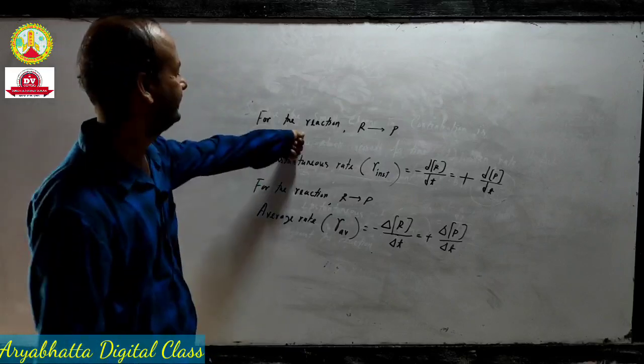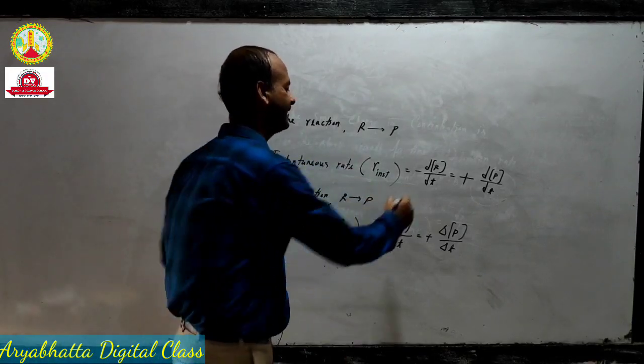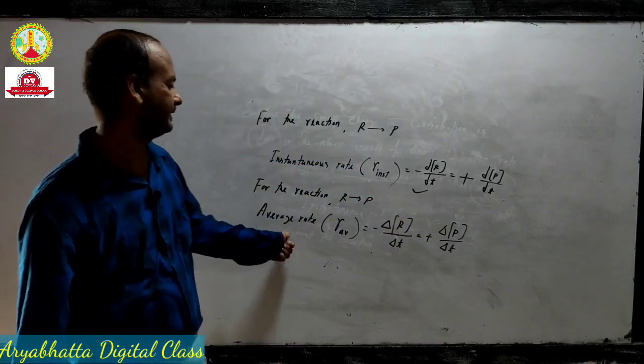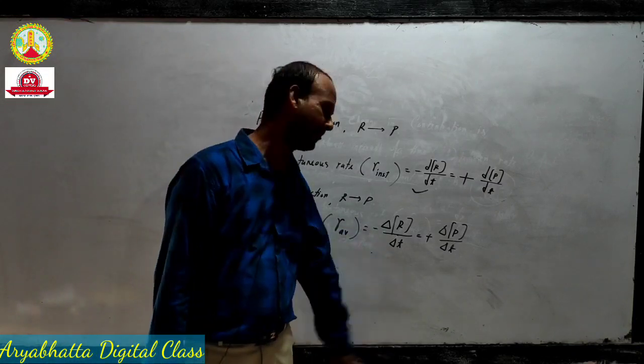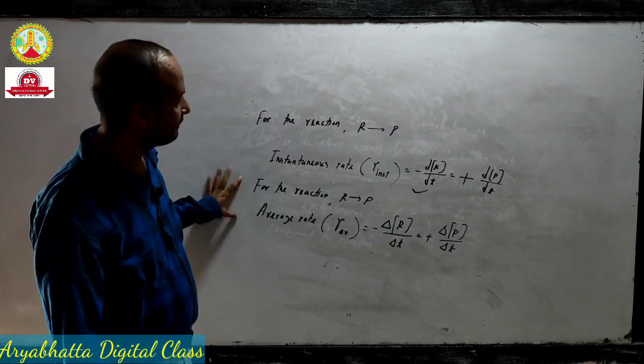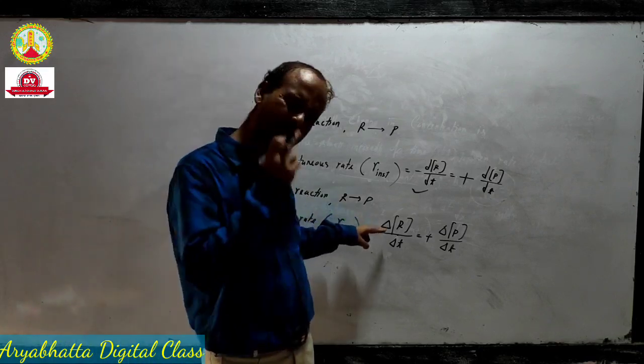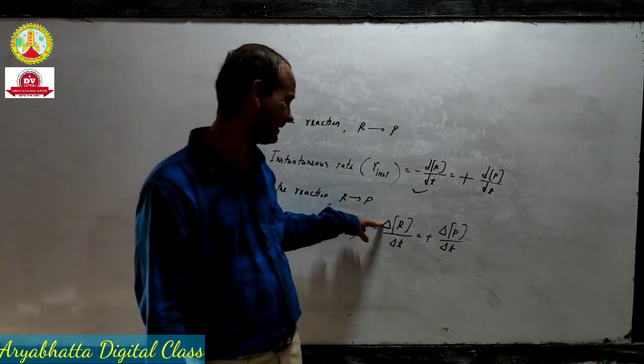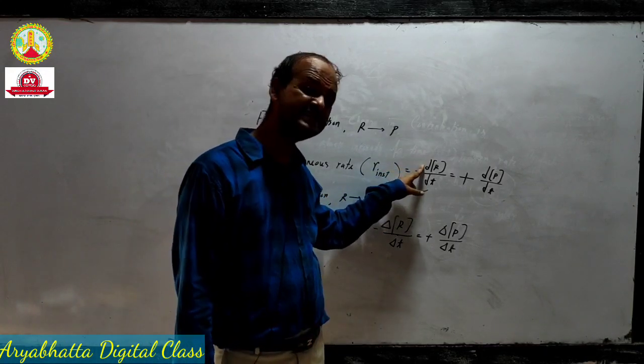In the case of average rate, the delta symbol comes. Again I repeat, for this reaction you can write the instantaneous rate like this, and the average rate like this. Please remember, the delta sign is used for average rate, and the small d symbol is used for instantaneous rate.